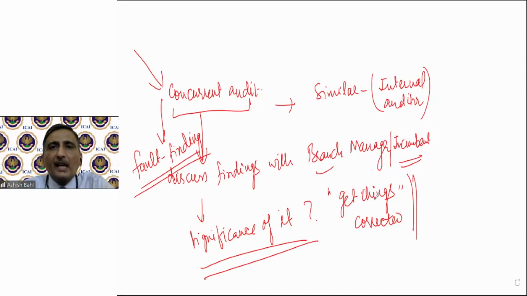These would have to be done by the bank staff, by the bank employees. But the point is that he would have to make genuine, sincere efforts for getting those deficiencies removed. He would have to constantly follow up. Yes, clear.